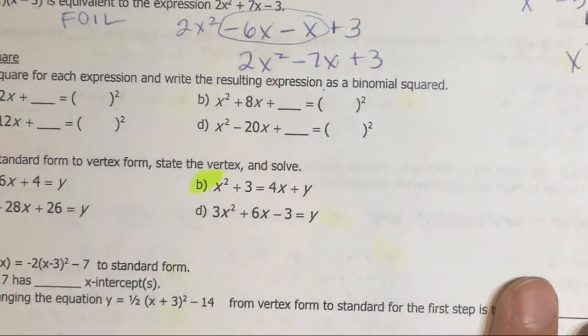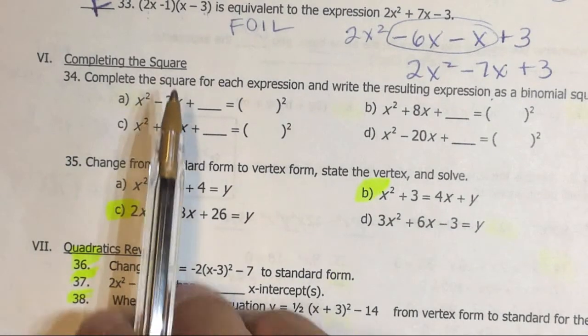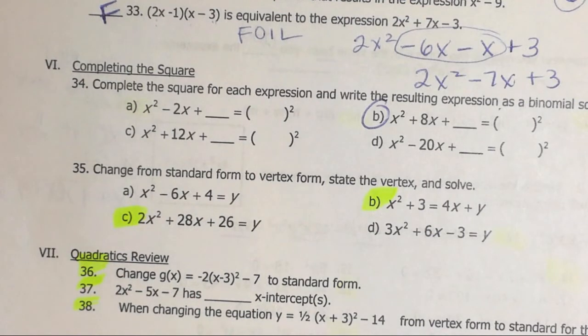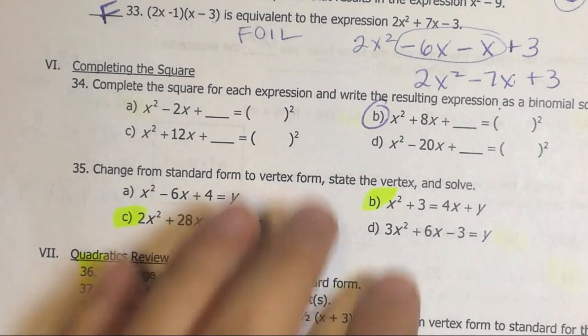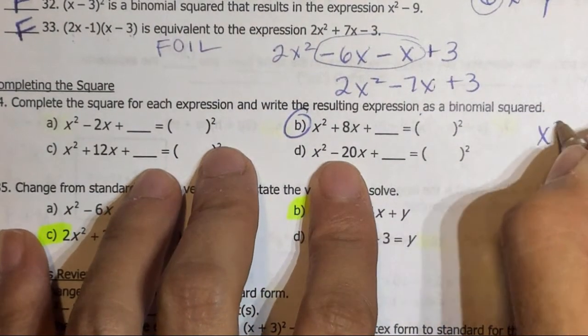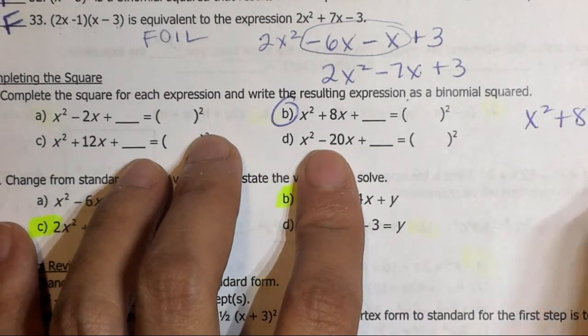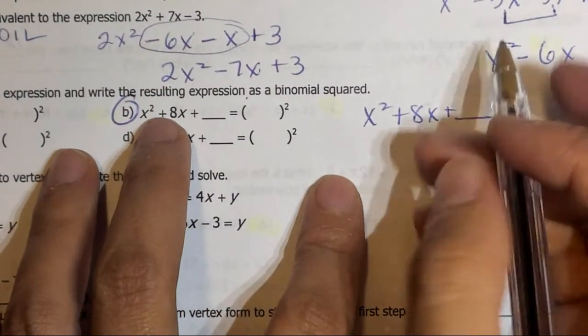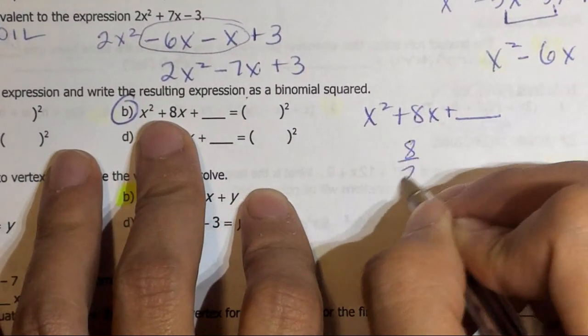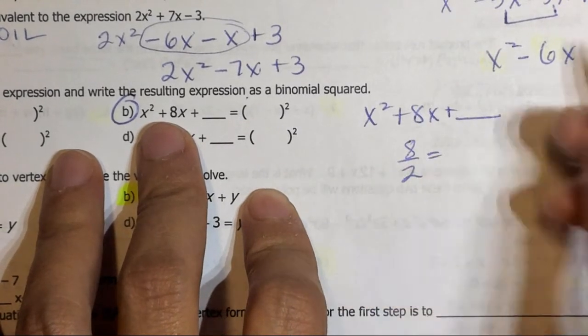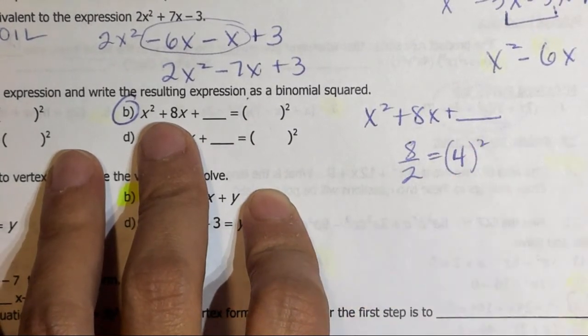Alright, so I'm going to do letter B for number 34, letter B. It says, complete the square for each expression and write the resulting expression as a binomial squared. So I have x squared plus ax plus blank. So what I'm going to do is take this middle number, divide it by 2. So you get 4, and then I square it.